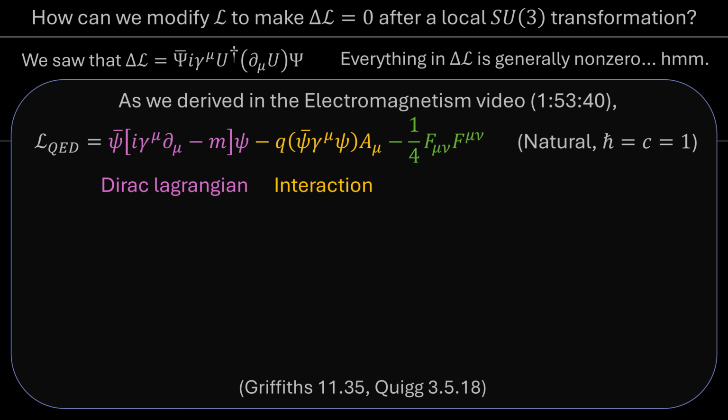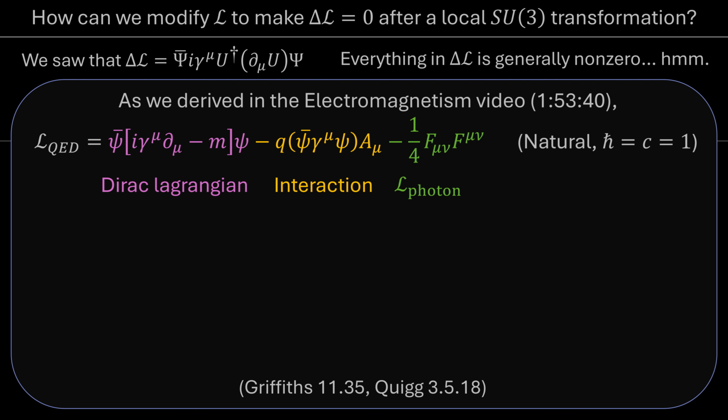So now this pink term, the Dirac Lagrangian, and this yellow interaction term, together those two terms do have local U1 symmetry, because if you apply a local U1 transformation and analyze just those two terms in the Lagrangian, you'll see that while each one of those changes, together the result is the same. It's like a hand in a glove. And then in addition to that, we also have to give our gauge field A mu, that is the photon field, a life of its own, which is encoded in the photon field's contribution to the Lagrangian.